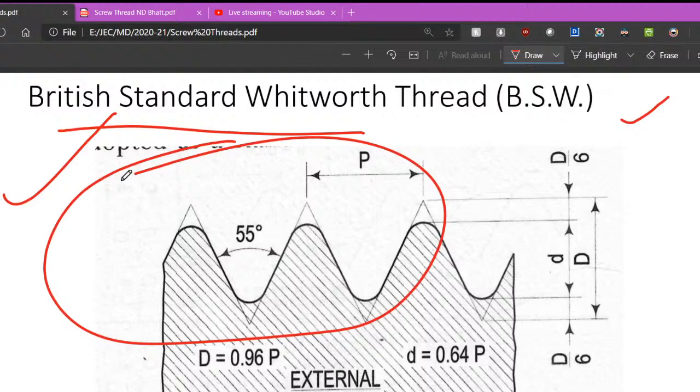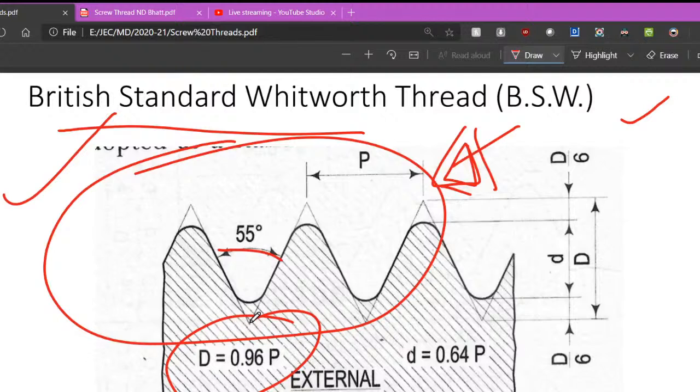In those machines they were using this type of thread. With time it has been standardized, and in the British standard whitworth thread, the angle of the thread is 55 degree. The theoretical depth is 0.96 p and the actual depth is 0.64 p.